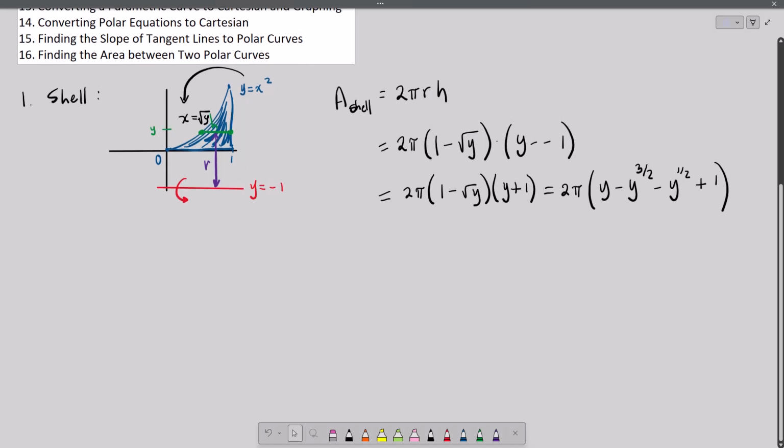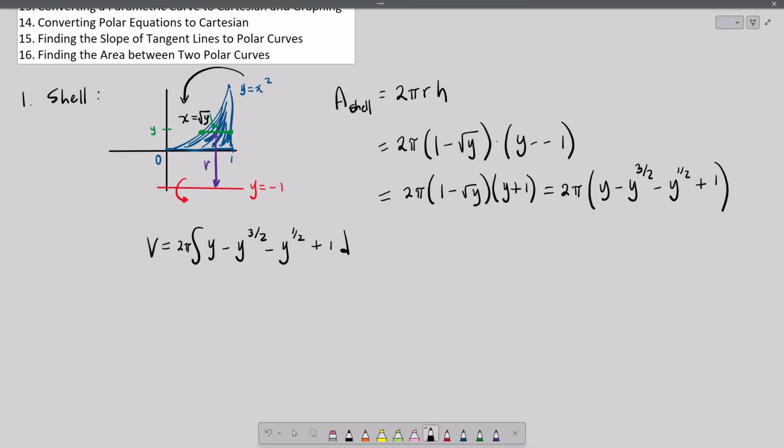So the volume is the integral of the cross-sectional area. So we integrate the area of this cylinder, and we've got it. And you told me that we were integrating with respect to y. That'll make sense because we have y's right there. So 2 pi can come to the front, and then we have y minus y to the 3/2 minus y to the 1/2 plus 1 dy.